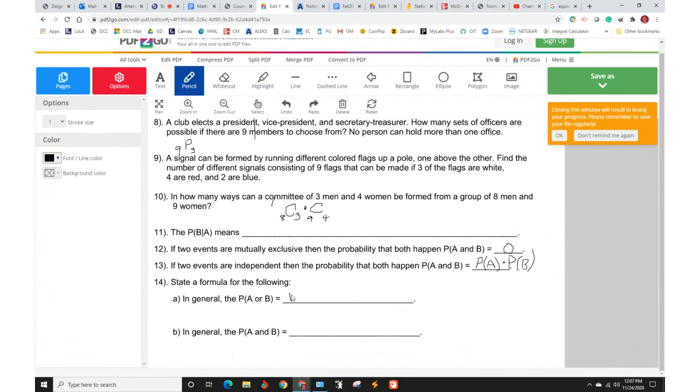This is the probability of A plus the probability of B. So they want the general formula.